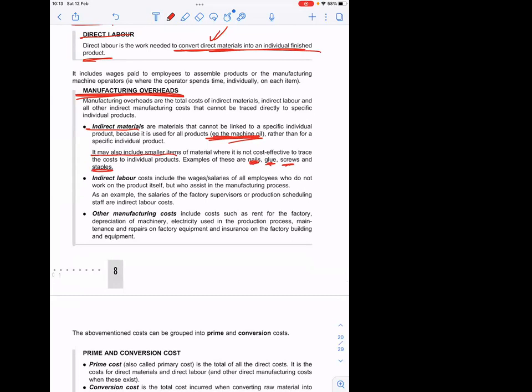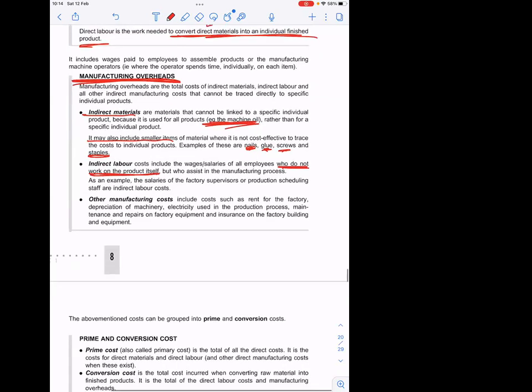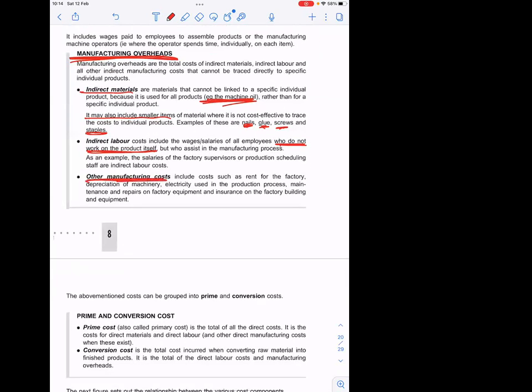Fine. Indirect labor now. What is it? Costs include the wages or salaries of all employees who do not work on the individual product itself, but who assist in the manufacturing process. Supervisor. Right. Other manufacturing costs, I hope they split them into fixed and variable.